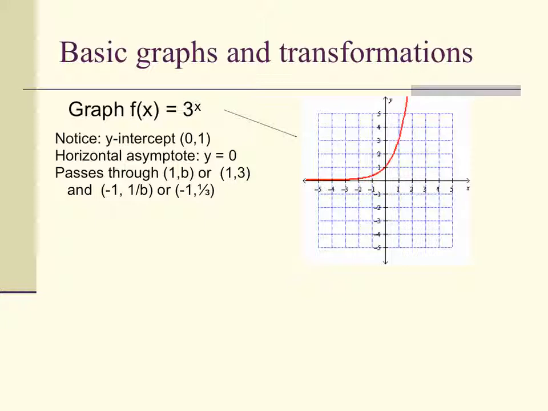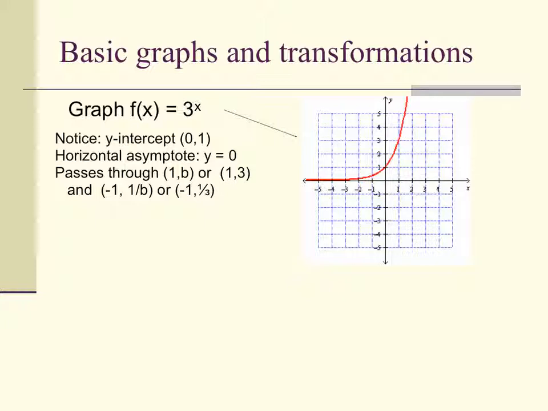Okay, and then it passes through 1, b, so b is your base, so in this case 1, 3, and negative 1, 1 over b, or negative 1, 1/3. So those 3 points you can always know for an exponential function are 1 and whatever your base is for your y, negative 1 and 1 over your base, and 0, 1.